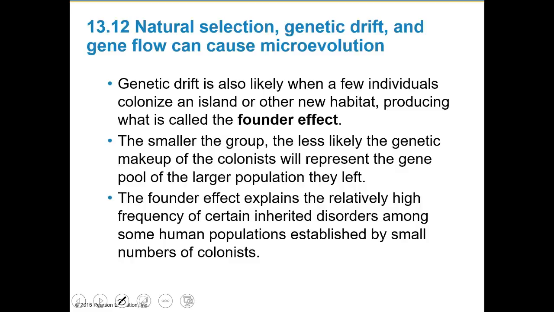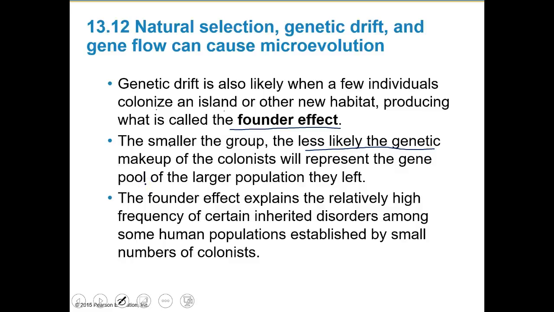But genetic drift can also be likely when a few individuals colonize an island or another habitat. That's what we call the founder effect. It's kind of similar to the bottleneck, but a few individuals go over and found a new establishment. So the smaller the group, the less likely the genetic makeup of the colonists will represent the gene pool of the larger population they left.